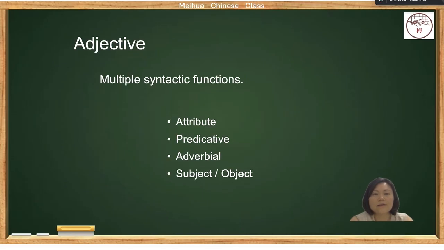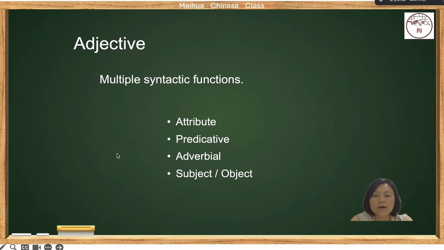Okay, the third word type, adjective. If you still remember, at the beginning, I gave an example sentence. In that sentence, the subject was an adjective. It was not a noun. That's the magic. Also, that's one of the very important grammar rules I want to introduce to you when you learn the Chinese language.